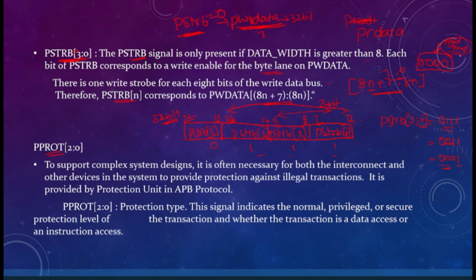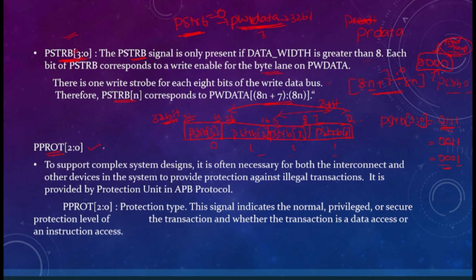Basically, these are the things that will be asked in interviews. Like, if this is 0, 1, 1, 1, how much amount of transfer? Or if the PSTRB value is 0, what does that mean? It means a read transfer is being done. Okay, this is about the PSTRB signal.